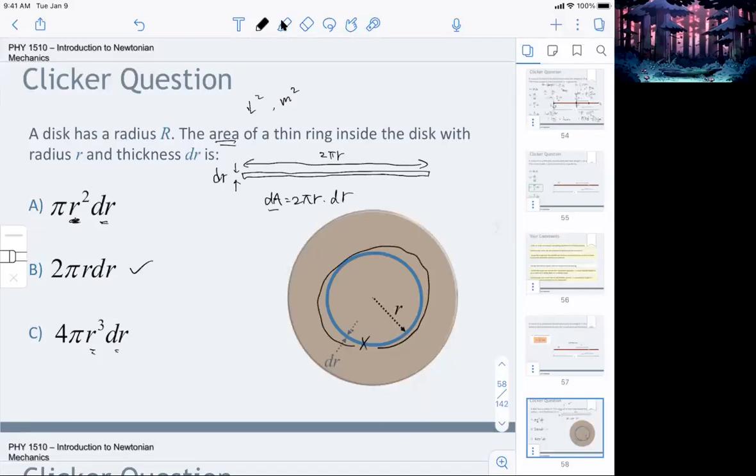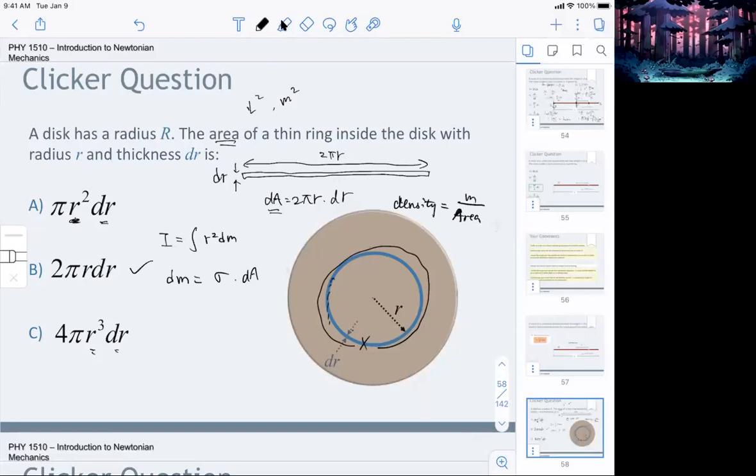So now we have the area, we can calculate the rotational inertia for a disk, r squared dm, which is a generic expression. So what is dm? dm of this little ring is the density sigma times dA. Density is going to be mass over area. Earlier we did line density, mass over length.